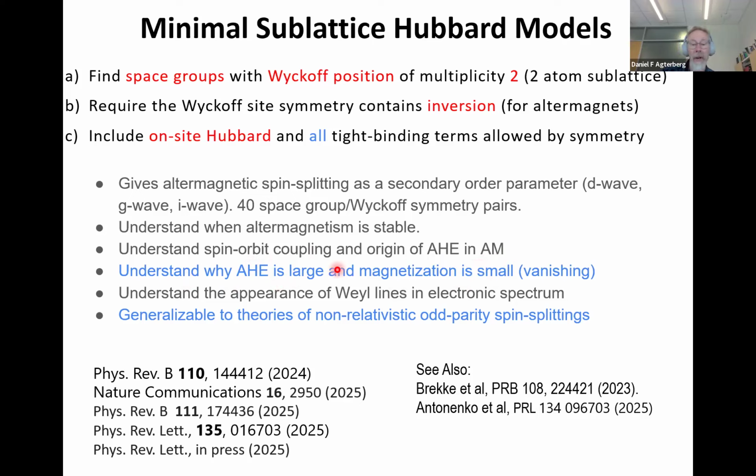So we're going to address that first. And then I'm going to turn to how we can generalize these sublattice Hubbard models to non-relativistic odd parity spin splittings. All right, and then we have a series of other results, but I refer you to some of our papers to look at that. And there's also some related papers in the literature that discuss models of a similar nature to those that we discussed here. Okay, so let's turn to the first problem.